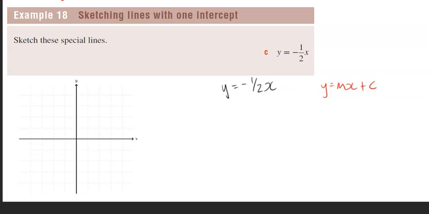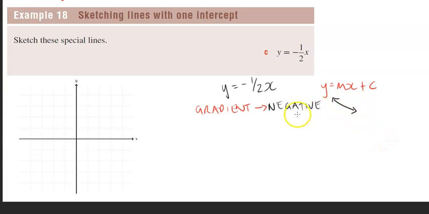The first one is that the gradient, in this case, there are 2 things going on with the gradient. The first one, it is a negative gradient. The gradient is negative because it's a negative number. So from left to right, it's going to go down.